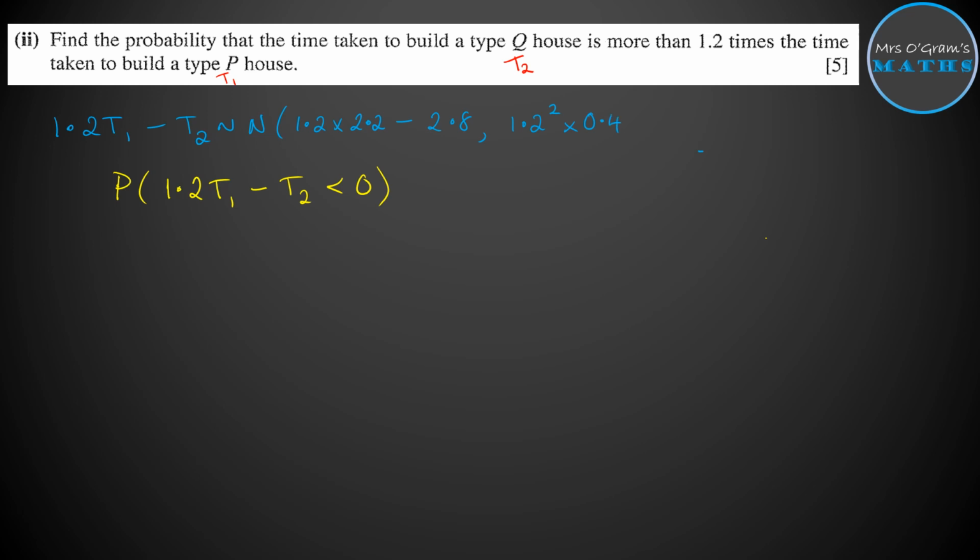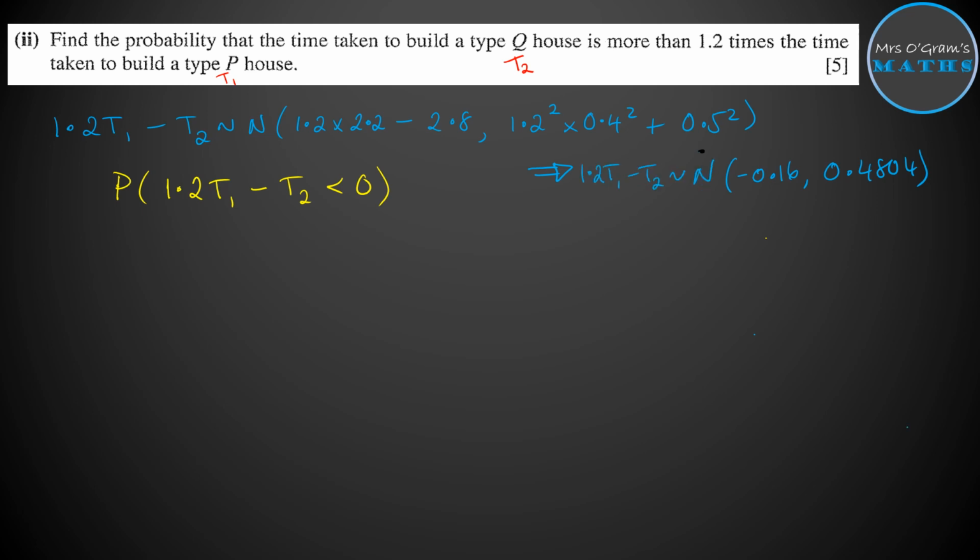That constant gets squared, and we add together the variances for the two different times for the houses. Even though we're doing a subtraction, the variances still get added. So that's our distribution, and what that becomes is that 1.2 T1 minus T2 follows a normal distribution with minus 0.16 and 0.4804.